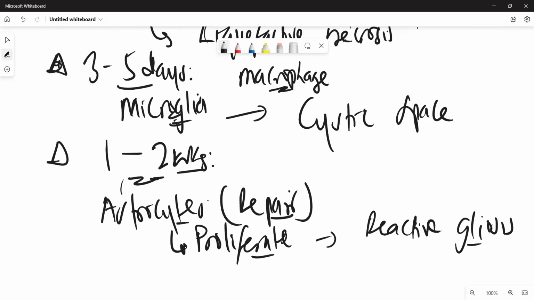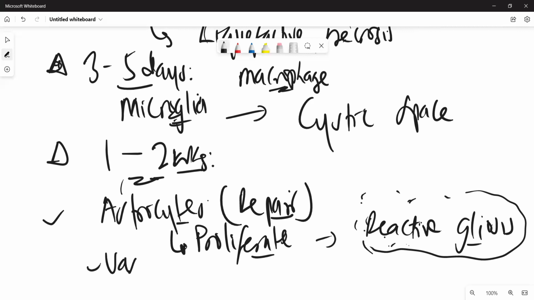So whenever there is injury to the CNS, one of the things that we normally see is reactive gliosis because they're trying to repair this. Just like a patient with multiple sclerosis, whenever they have an autoimmune attack on the oligodendrocytes in the brain, the astrocytes proliferate in response to that injury, and we're going to see that reactive gliosis.